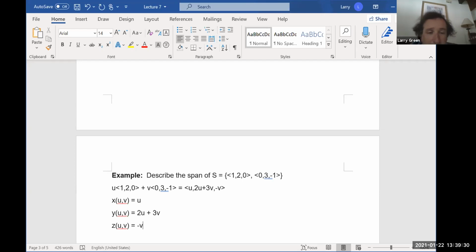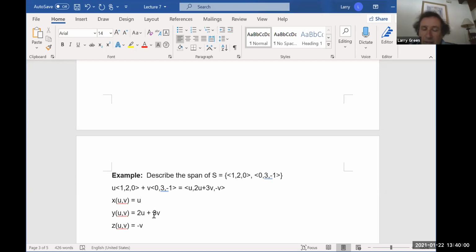And you know it's a plane because if you take the partial derivatives, you get constants. And that's how planes work, right? Whereas if it was a u squared instead of a u, you should worry it's not going to be a plane. Does that make sense? Since this is linear algebra, the span of any two vectors in R3 is the plane that is determined by those two vectors.